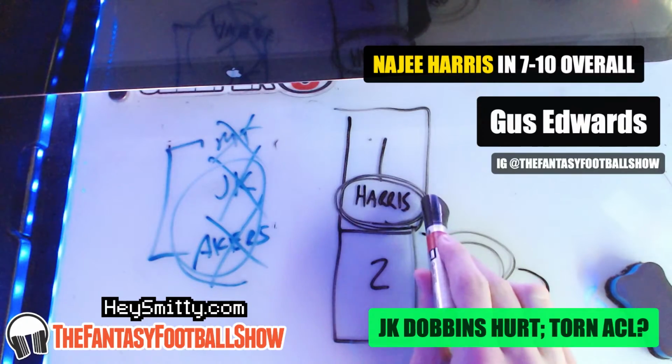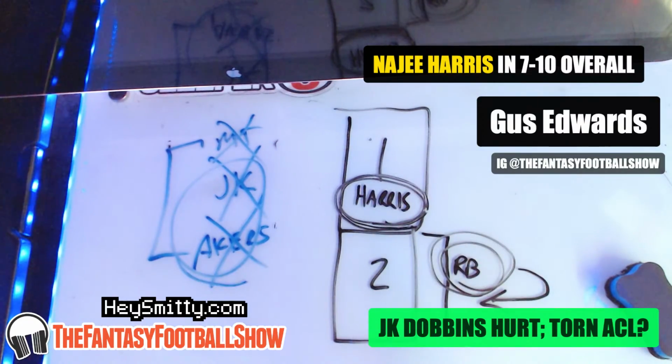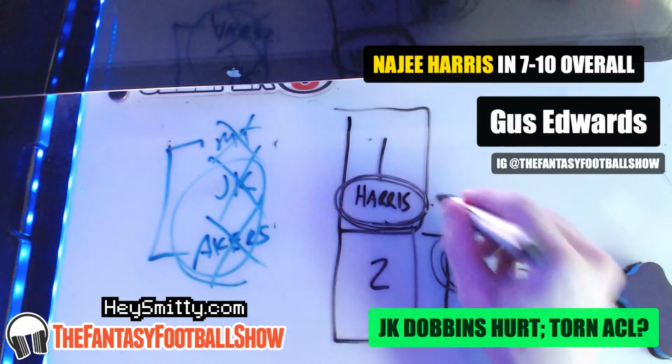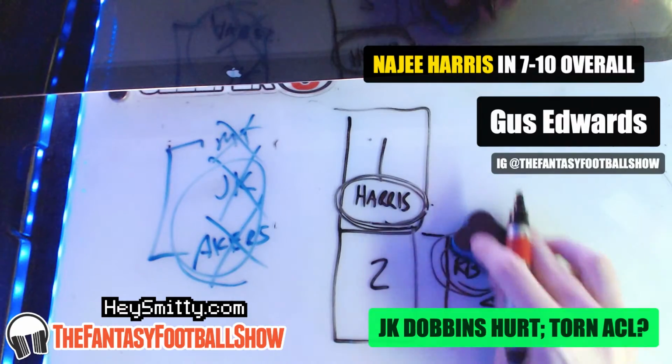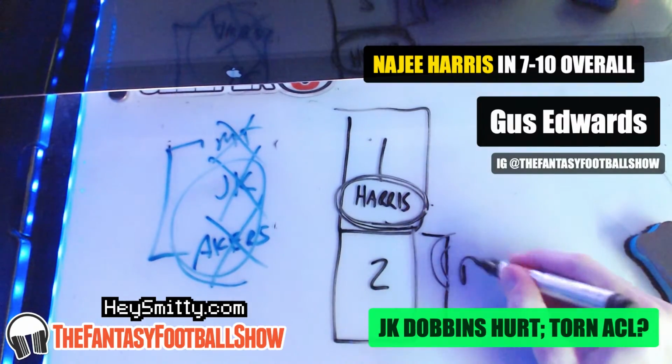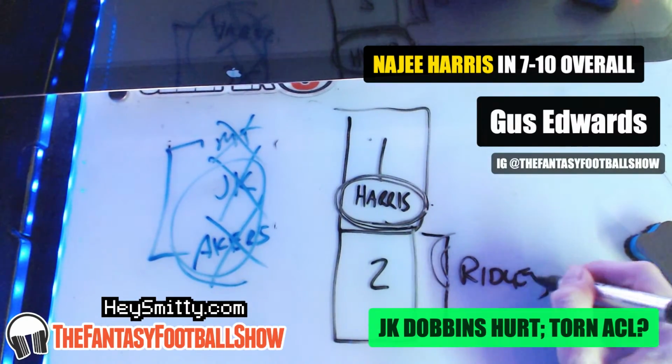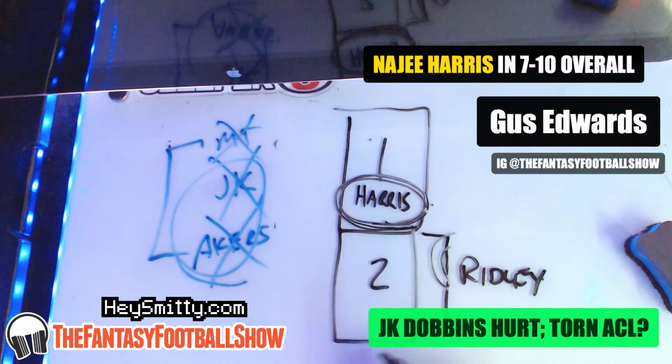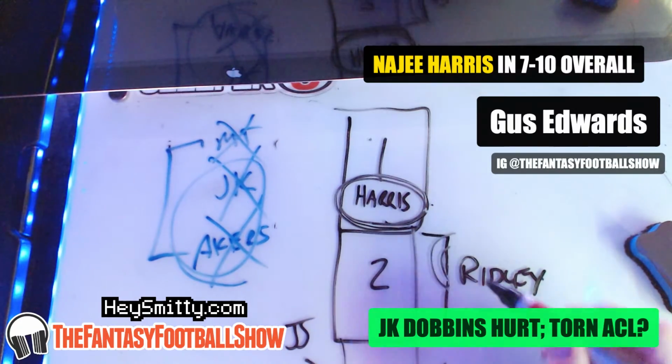That this feels more and more doable, because in this situation, if you go Ridley, if you go in this range, Justin Jefferson, because running backs start getting scooped up more. So in round 3, you consider JJ if he falls, because people are going to start scooping up running backs.